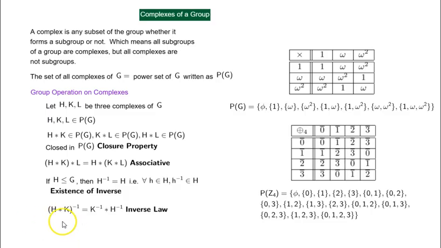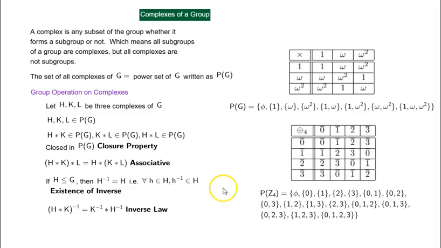And now here, H times K inverse, that is inverse of the product of two subsets, is equal to the inverse of the second subset times the inverse of the first subset. This is our inverse law.